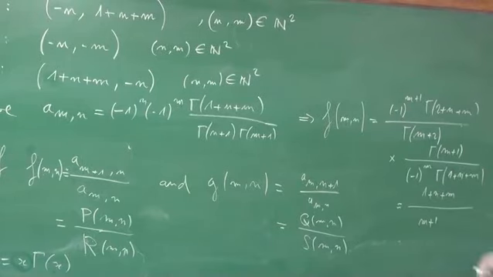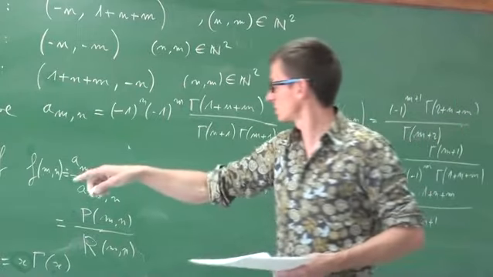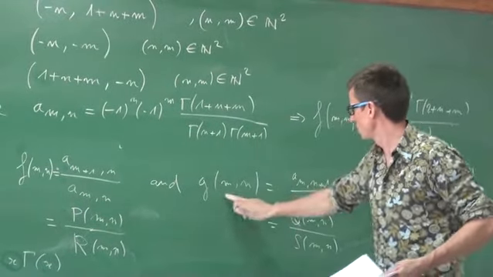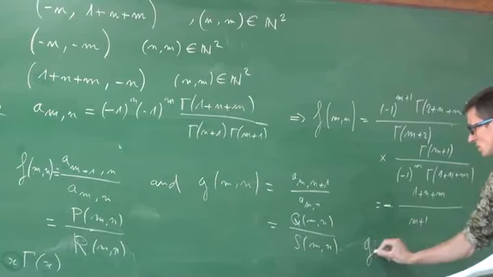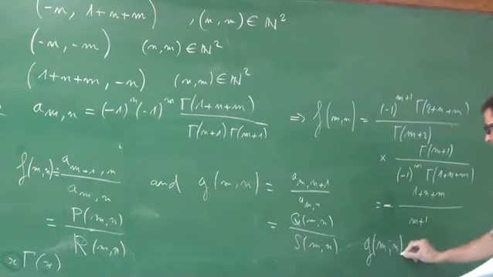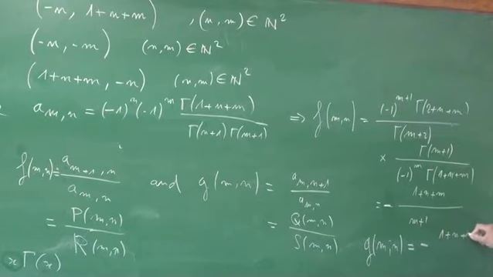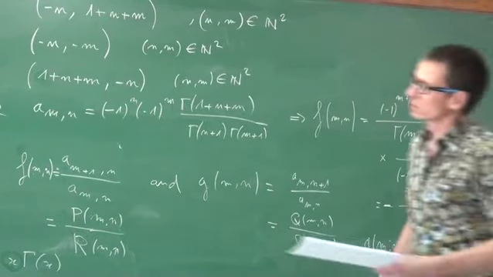With the minus sign. By symmetry of our series, we get directly the value of g(m,n), which is equal to minus (1 plus m plus n) divided by (n plus 1). Okay? So it's trivial to get these limits.